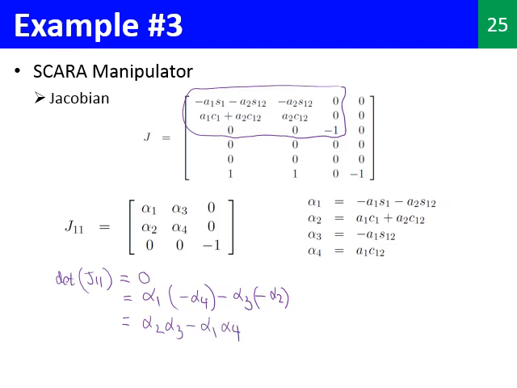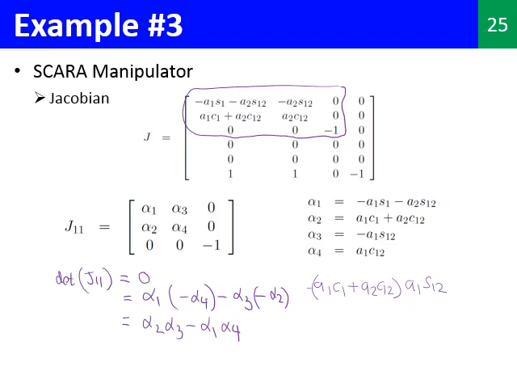From the quantities we have, we can write this as (A1 C1 plus A2 C12), that is alpha 2, times alpha 3, which is equal to A1 S12, and we have a minus sign.